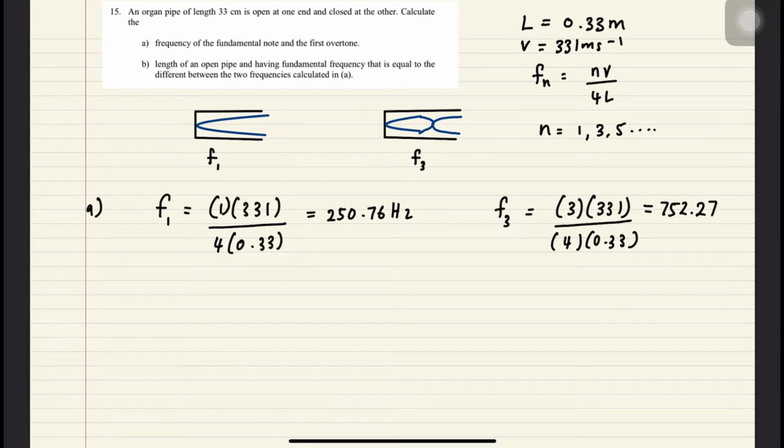So this one is frequency, so the unit will be in hertz. Okay, that was for question A.